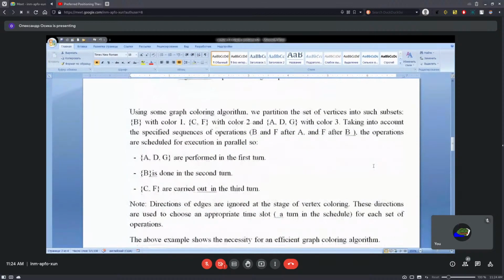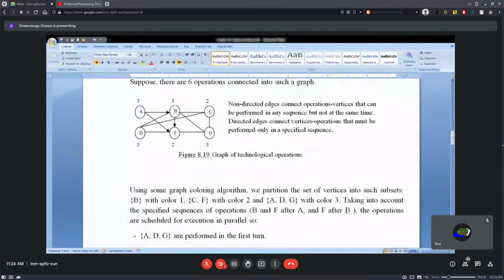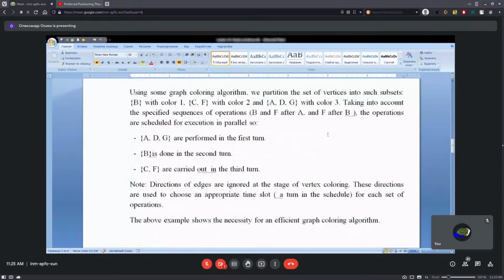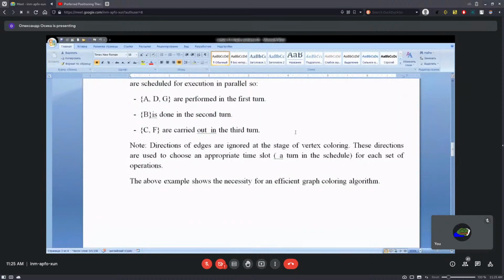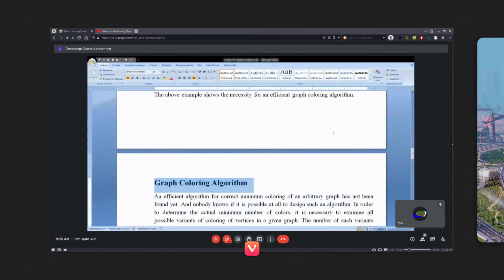And after that, we divide the operations into 3 slots, taking into account the specific instructions. For example, that B should be after A, that F should be after B, and so on. We say that first A, D, G are performed in the first turn. B is done in the second turn, and C, F are carried out in the third turn. Okay, we discussed it.